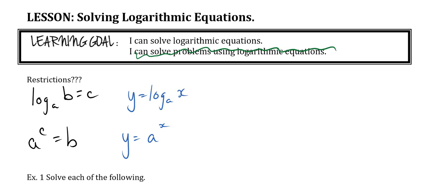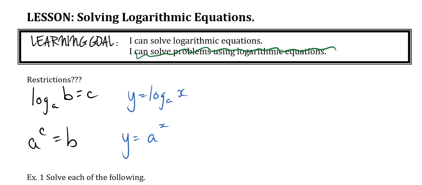So in the top one, x is like the B, right? It's log of x, it's log of B, and the C is like the y. This is going to help in a minute. And in this case, the C is the x and the B is the y. That might be helpful in a minute to think about what goes with what.